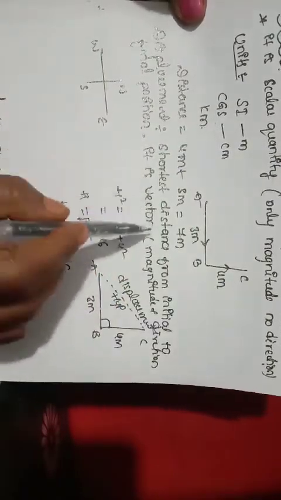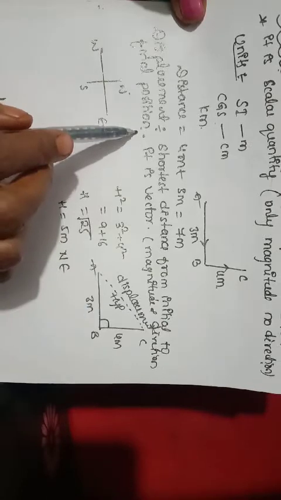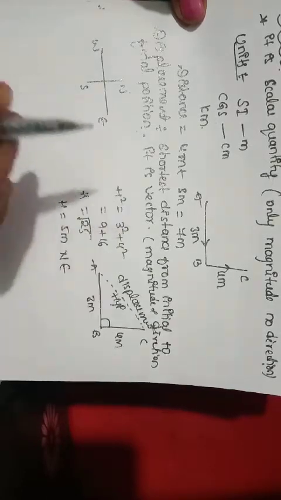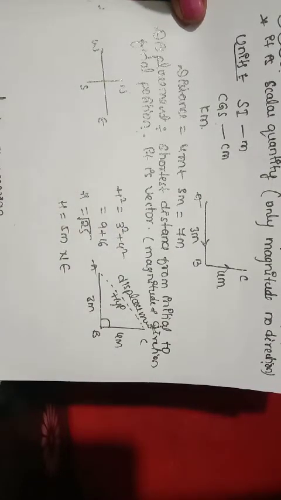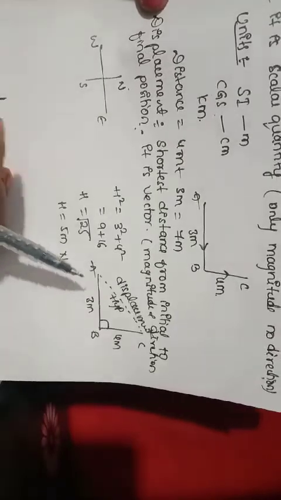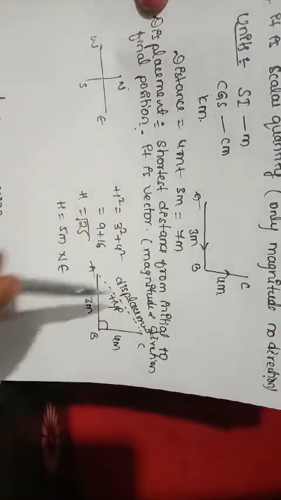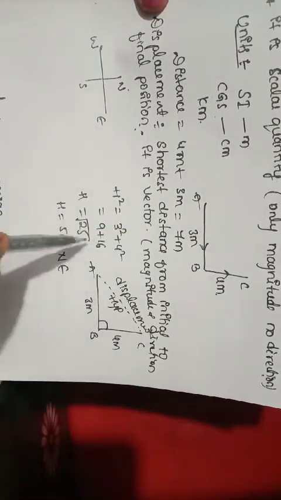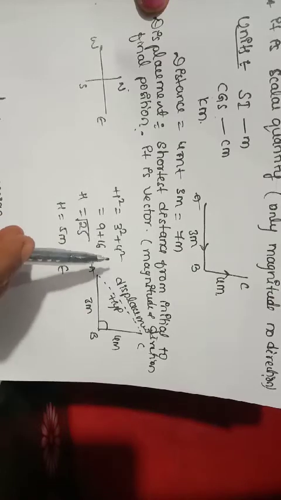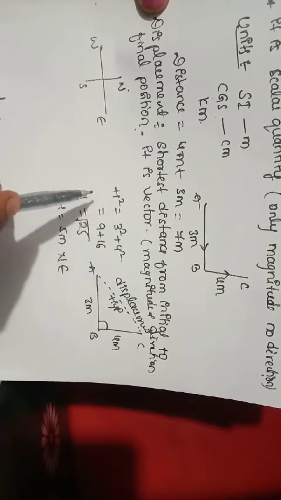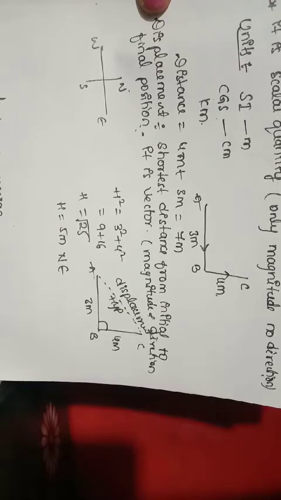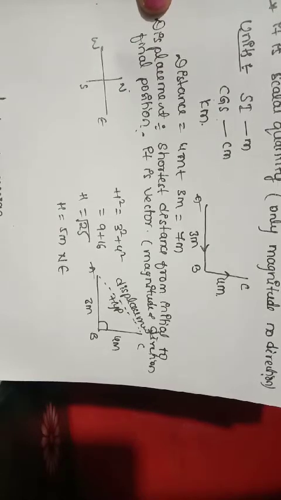So displacement is the shortest distance from the initial position to the final. It is a vector quantity. We need both magnitude and direction to define a displacement. For the same example, we find displacement using Pythagoras theorem. Hypotenuse square is equal to side square plus side square.